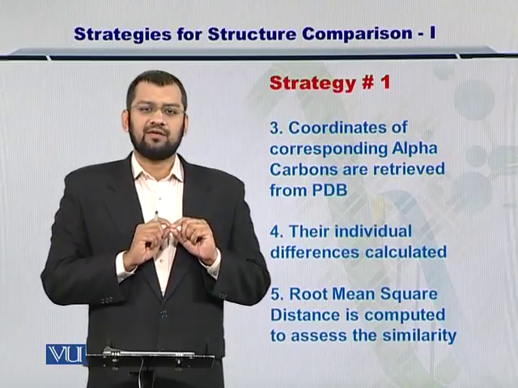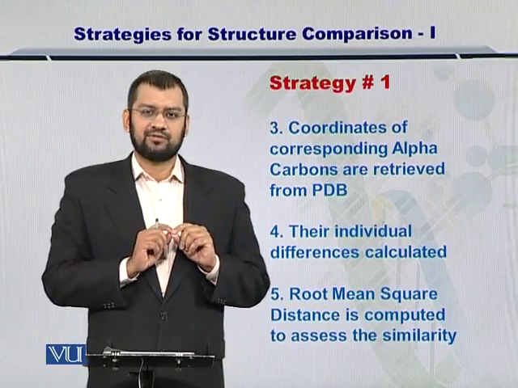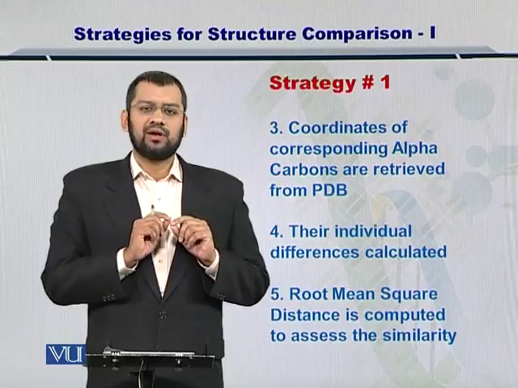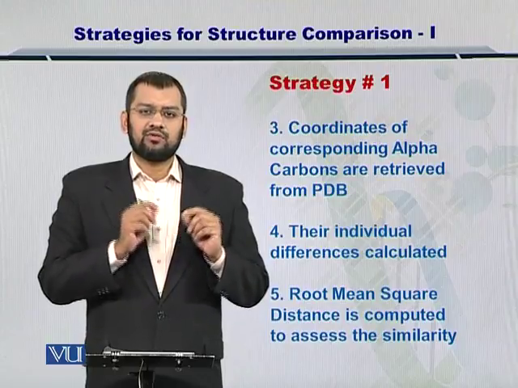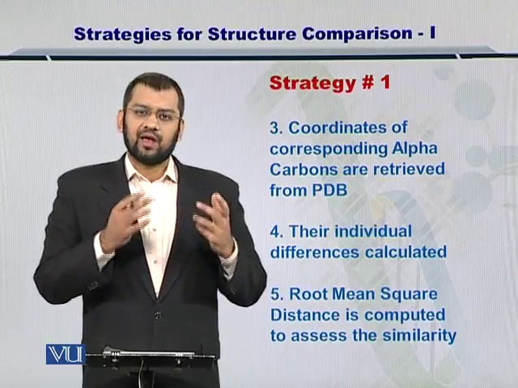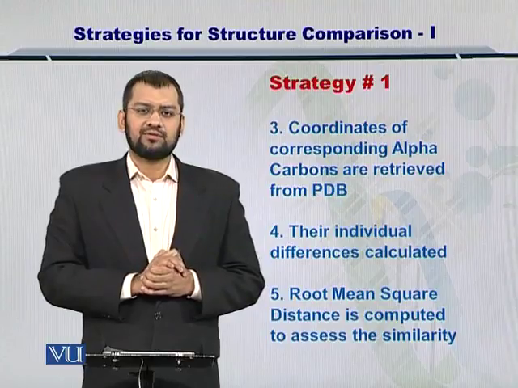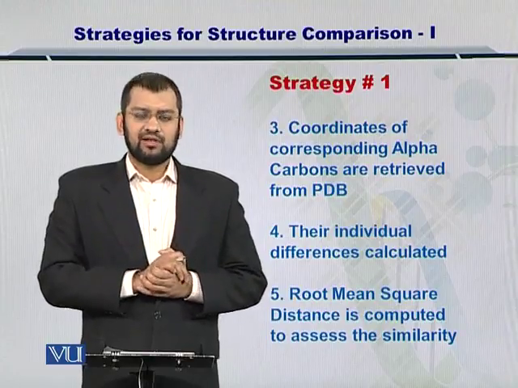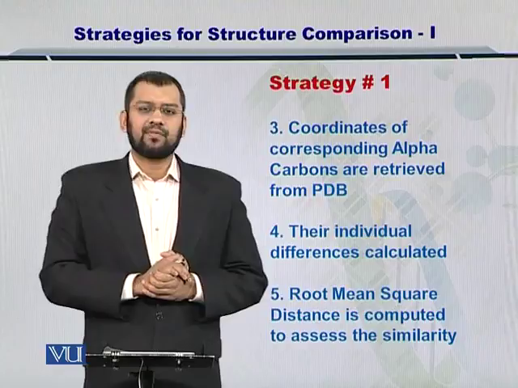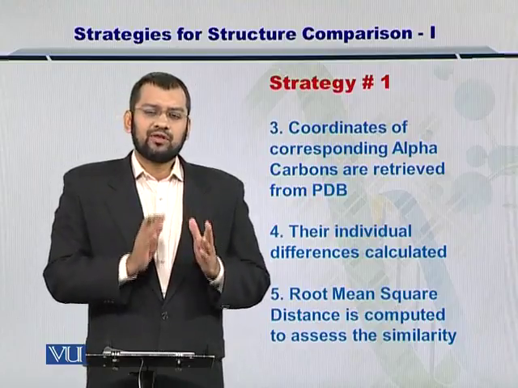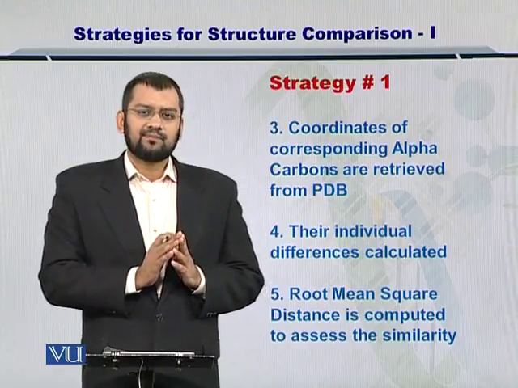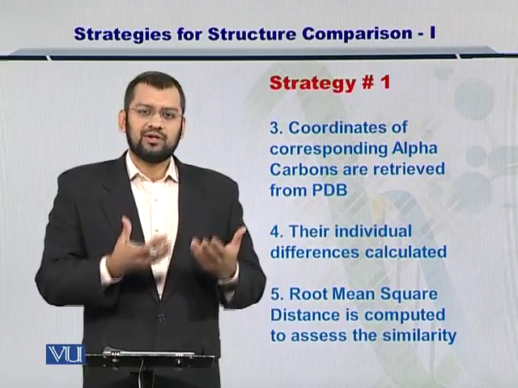The next step is to calculate their difference. To calculate their difference, you can simply use geometry and arrive at their distance. I'll talk about this in later modules in detail. Also, once you have calculated their distance, you may want to talk about the quality.